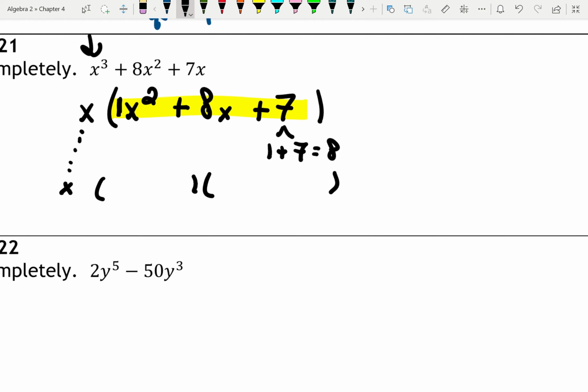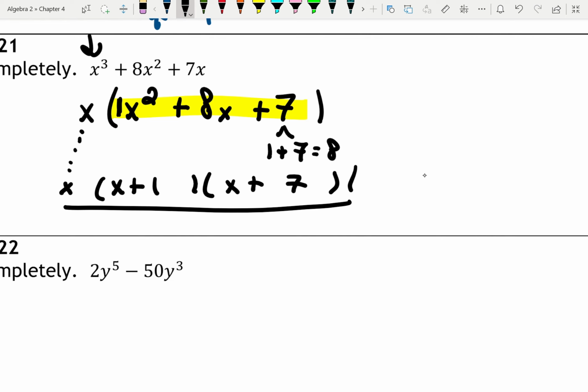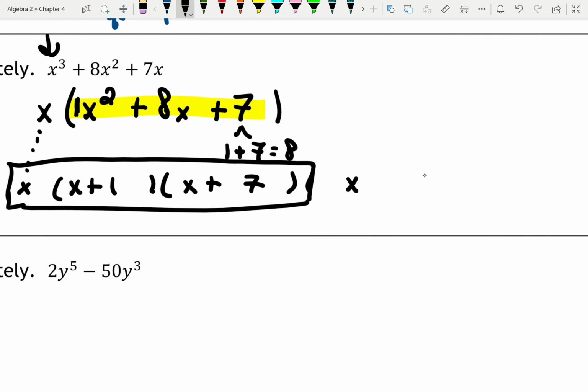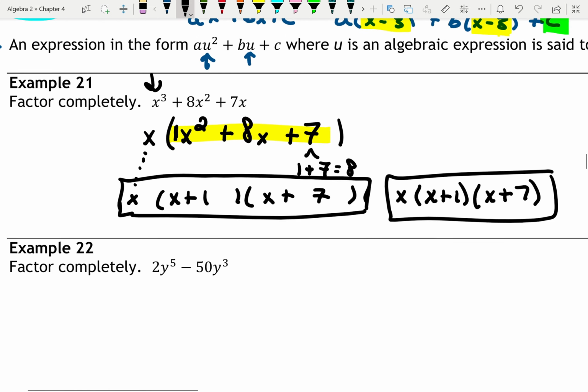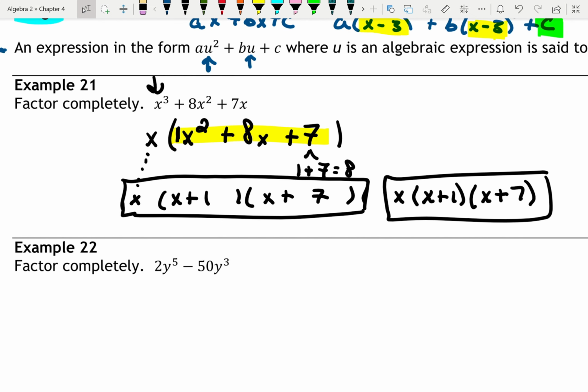And then the quadratic piece in the parentheses can break apart to be (x plus 1)(x plus 7). And this is going to be the factored form. So we factored it completely. Let me rewrite it, just make it a little bit prettier: x times (x plus 1)(x plus 7). Makes it look just a little bit prettier. All right, that's number 21 there.